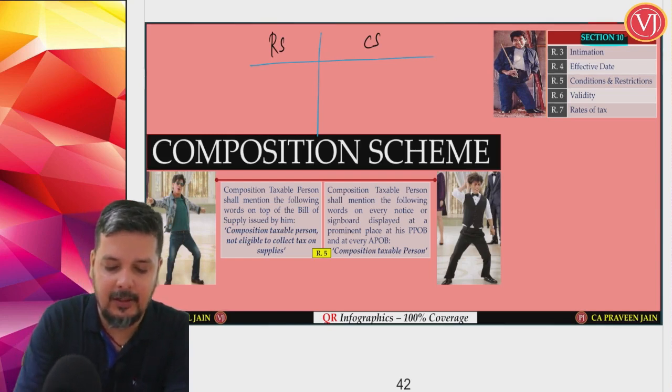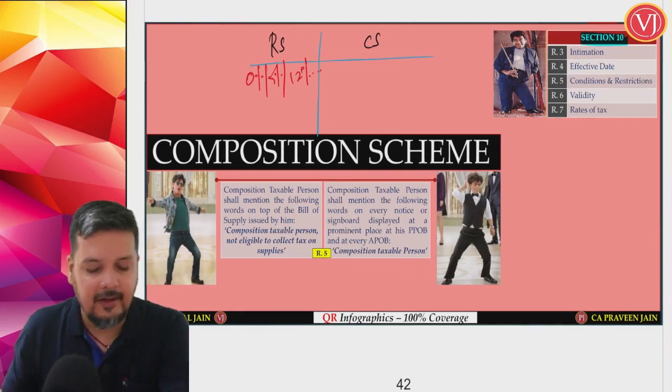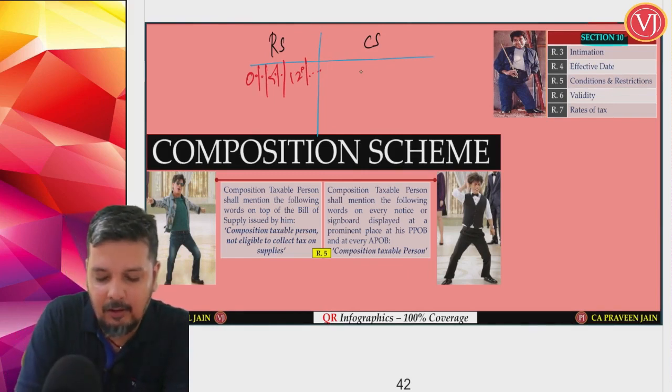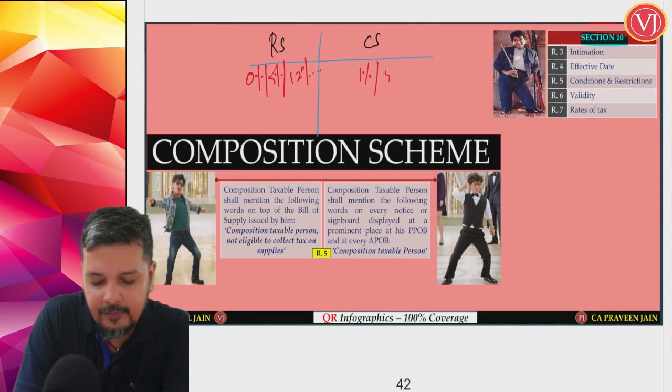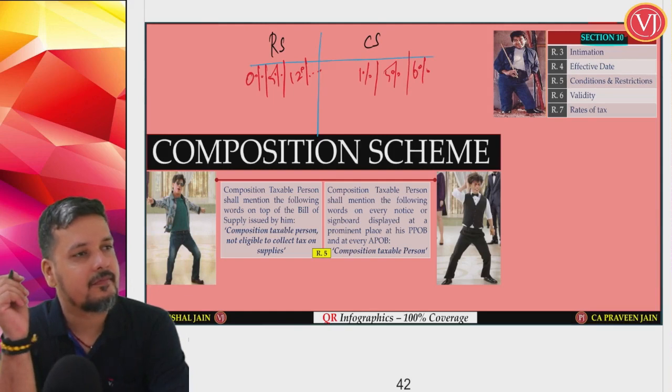The main advantage, what you see here: the rates. What are the rates in regular scheme? 0, 5, 8, 12, 18, 28, etc. The rates in composition scheme are always simple: 1, 5 in normal composition scheme, and 6 in special composition scheme.